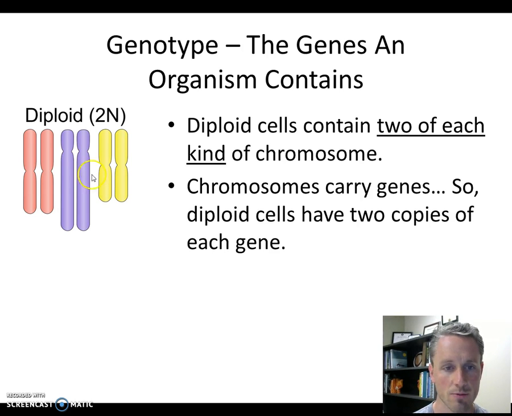On these chromosomes are a bunch of genes. Each chromosome probably has 1,000 or more genes on it. If we have 2 copies of that chromosome, by definition, we have 2 copies of each gene. So in diploid cells, we have 2 of each gene. When we're describing the genotype, we're going to think about what kinds of copies of each gene we have. There's 2 of them, and we'll think about, are they the same or not?